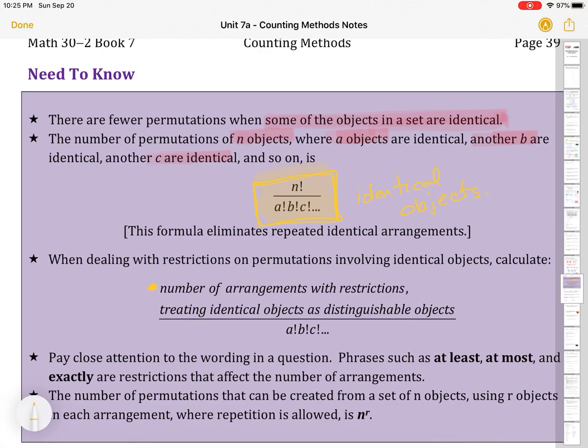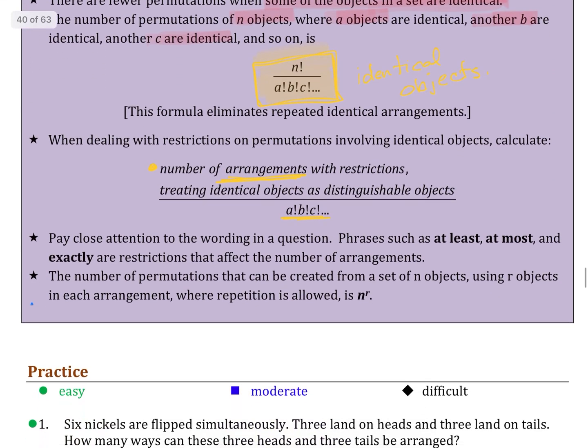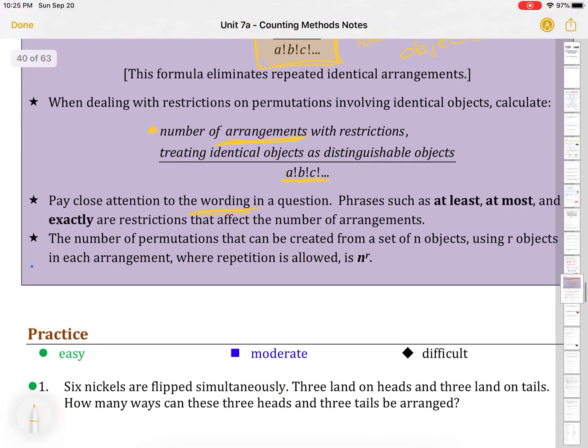When dealing with restrictions on permutations involving identical objects, first calculate the number of arrangements with restrictions, treating identical objects as distinguishable objects. Calculate those arrangements first, and then divide by the identical terms. Pay really close attention to wording.